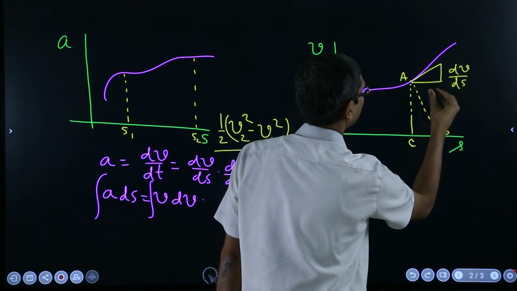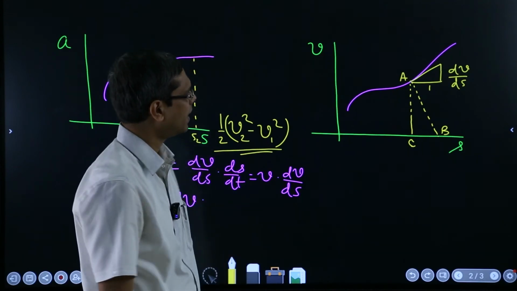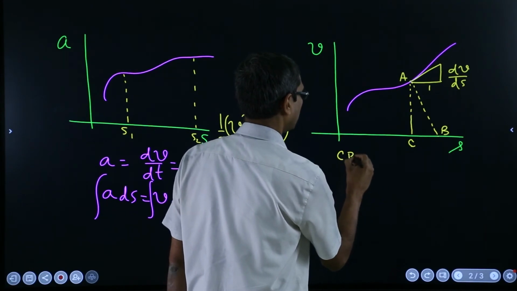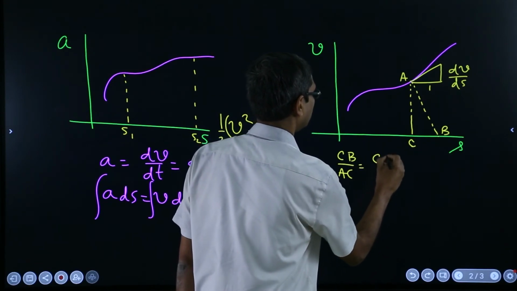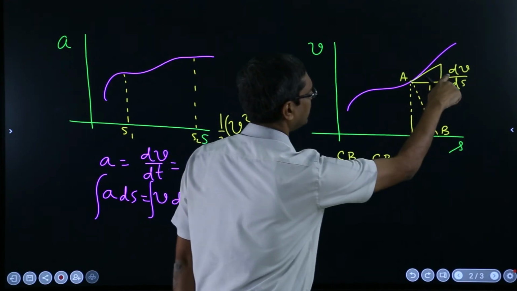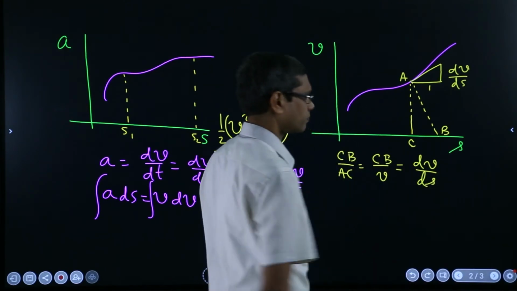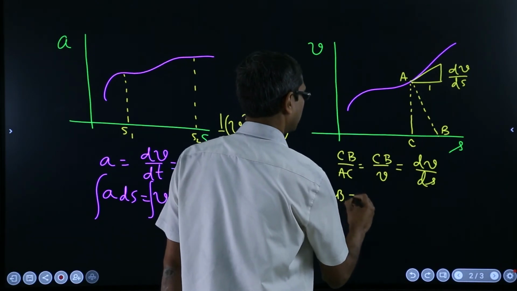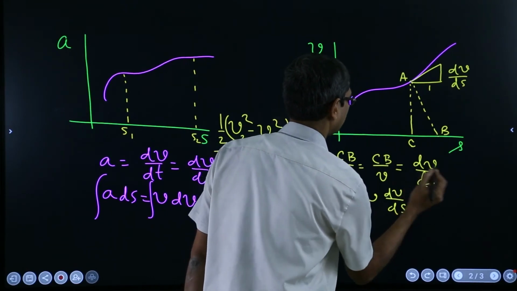If I say dv by ds here and 1 here, then these two triangles are similar, and I can say CB over AC, which is CB over v. This is the velocity, right? It is nothing but dv over ds over 1, which is dv over ds. So CB is nothing but v dv over ds.